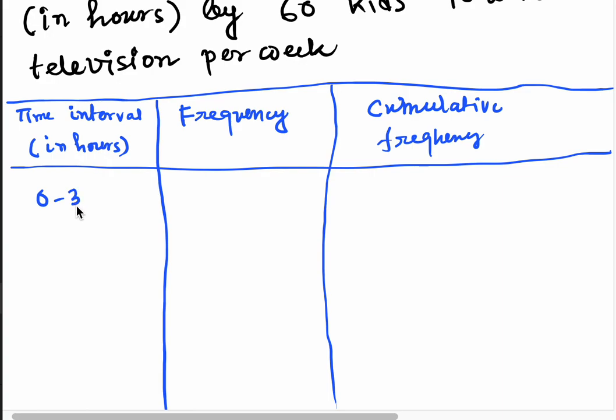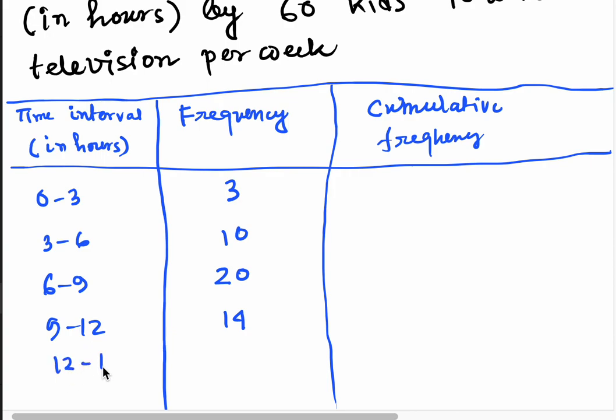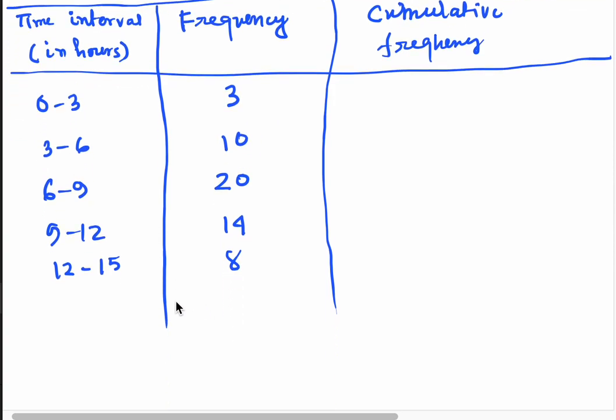So 0 to 3, 3 children. At 3 to 6, 10. 6 to 9, this is 20. 9 to 12, this is 14. 12 to 15 is 8, and 15 to 18, that is 5.